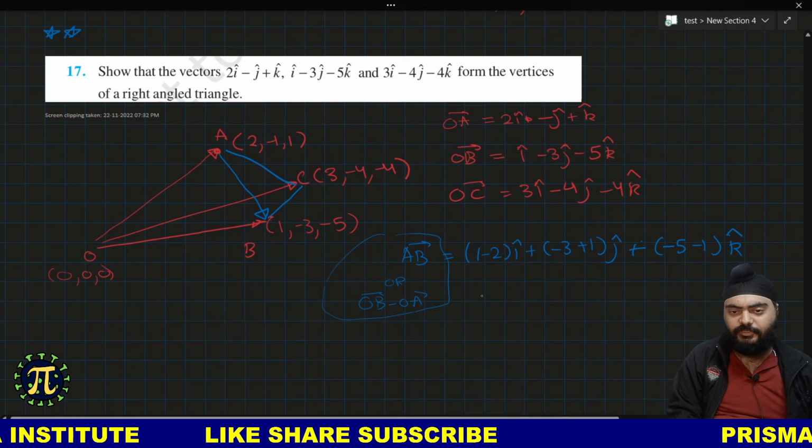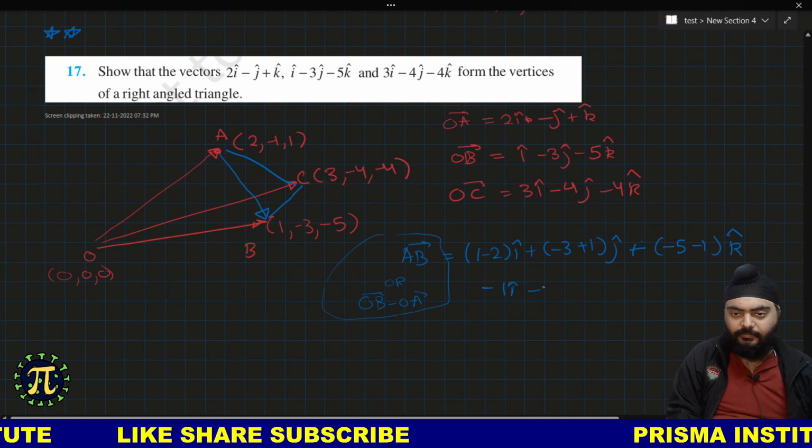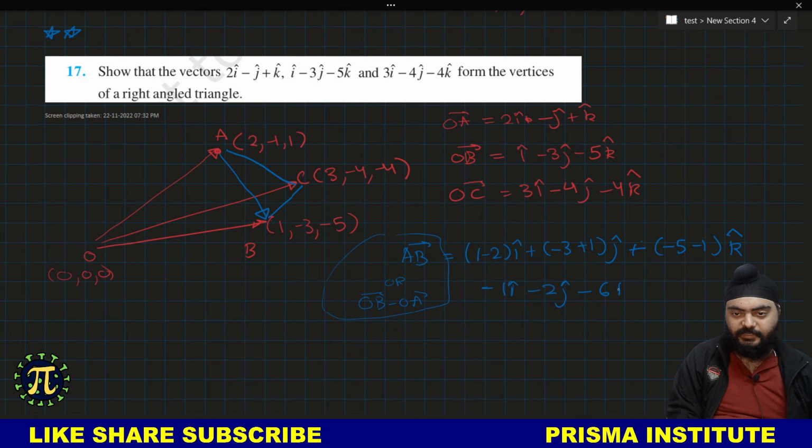But yeah, I'm using the coordinates. So minus I cap, minus 2j cap, minus 6k cap.